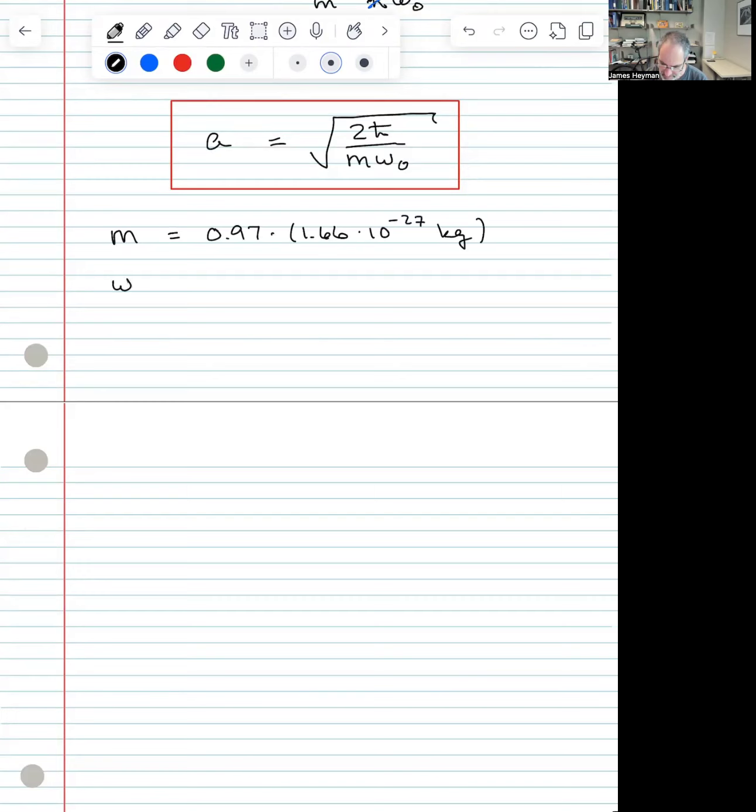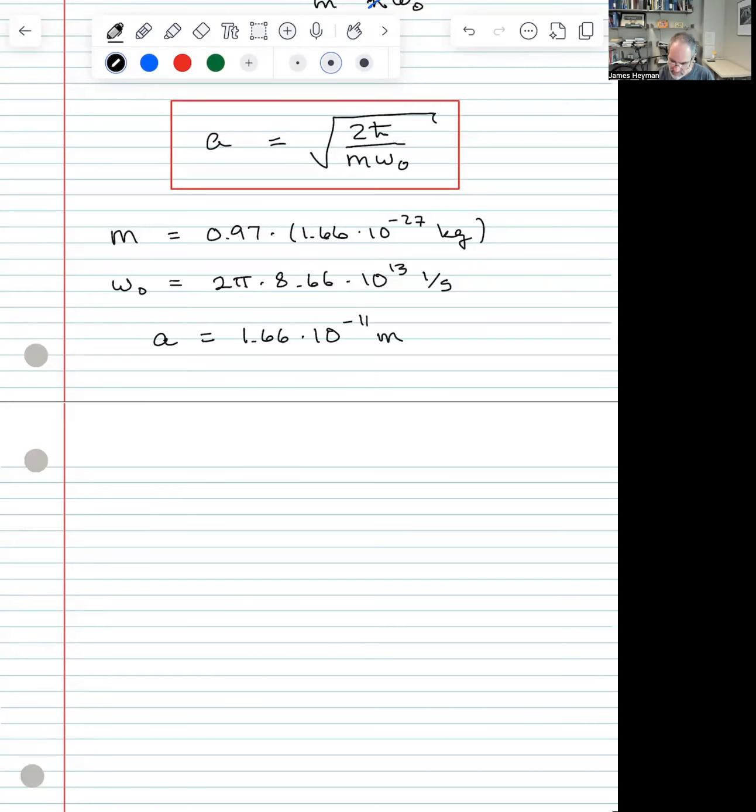While omega naught is 2 pi times the frequency of the absorption line, which is 8.66 times 10 to the 13. Okay? And then putting all these together, we can get an answer. A moment with the calculator shows that this yields 1.66 times 10 to the minus 11 meters.